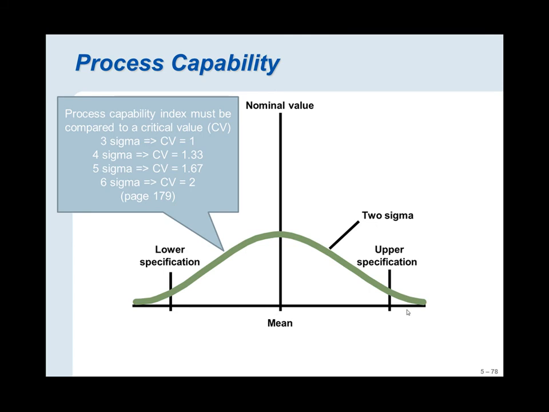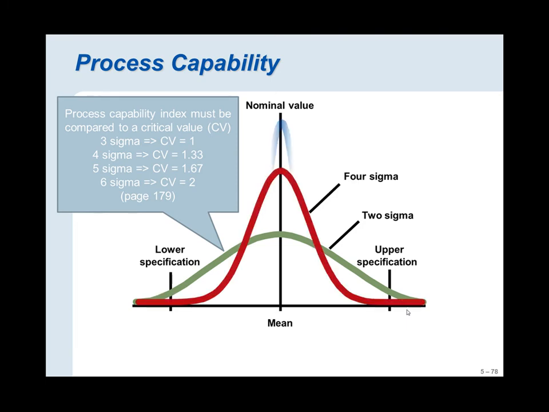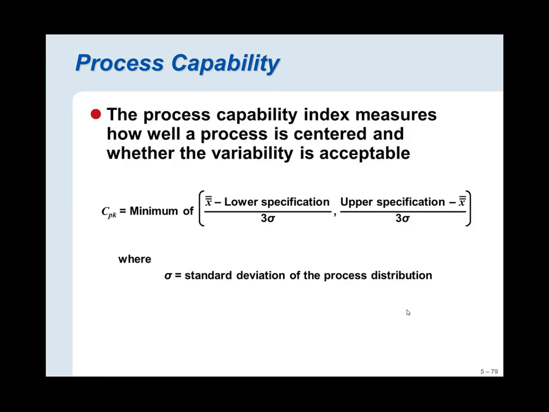If 6 sigma, it means you achieve 6 sigma compared to the industrial standard of 3. 6 divided by 3 will be 2. So the number is equivalent to what you can achieve compared to the industrial standard. Okay, there are 2 indexes that you must use to assess your process capability.